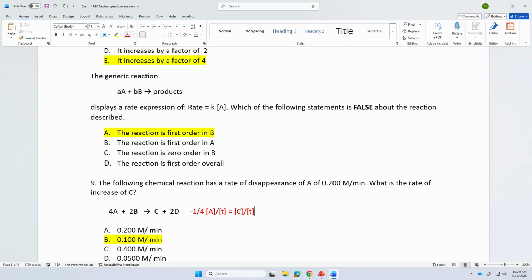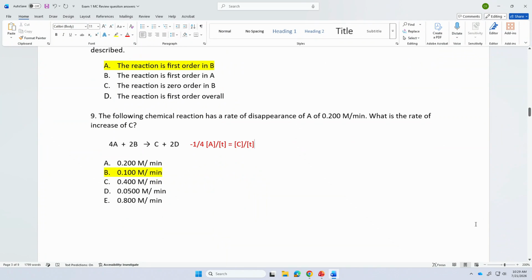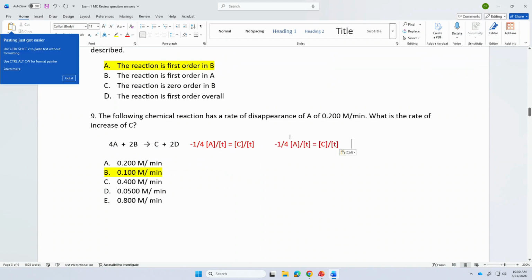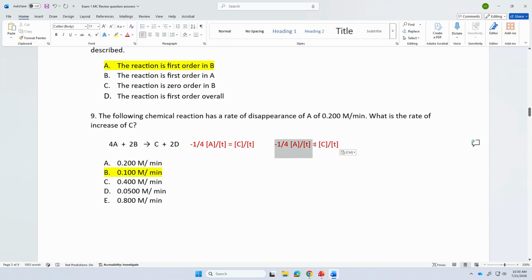And yes, I know I didn't put the deltas in, but 1/4, or if I want to look at it the other way, that equals 1/4.